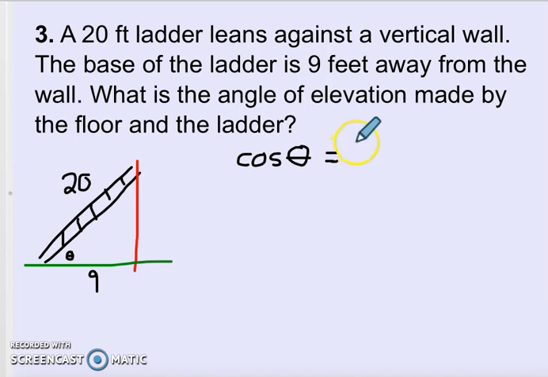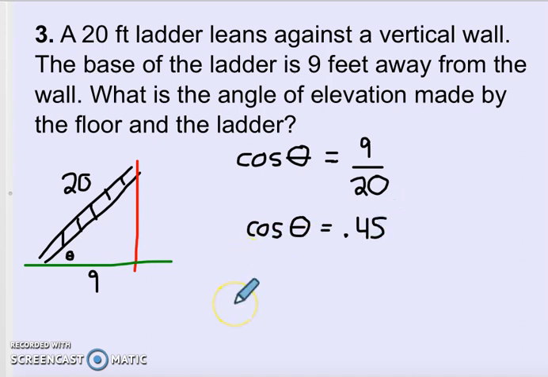And whatever theta is, it's equal to the ratio 9/20. Well, I'm going to just change 9/20 to a decimal to make it easier when I plug it in my calculator. And that is 0.45. Didn't know that, just do 9 divided by 20 on your calculator.